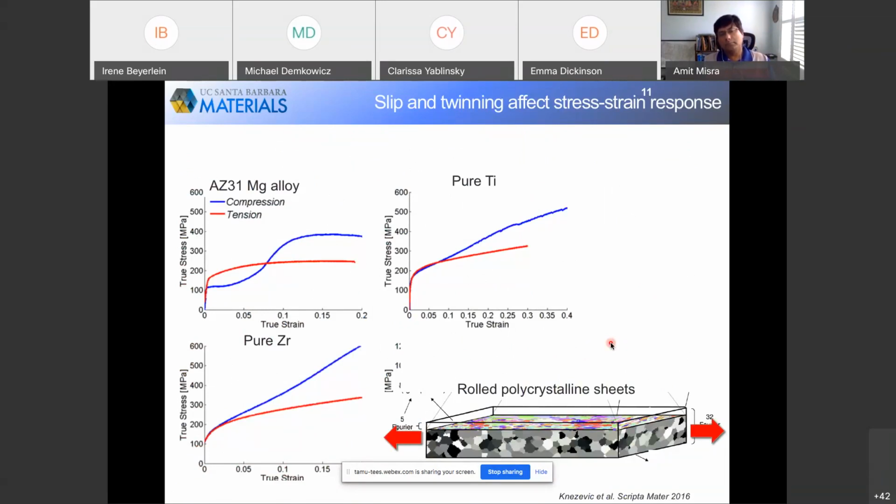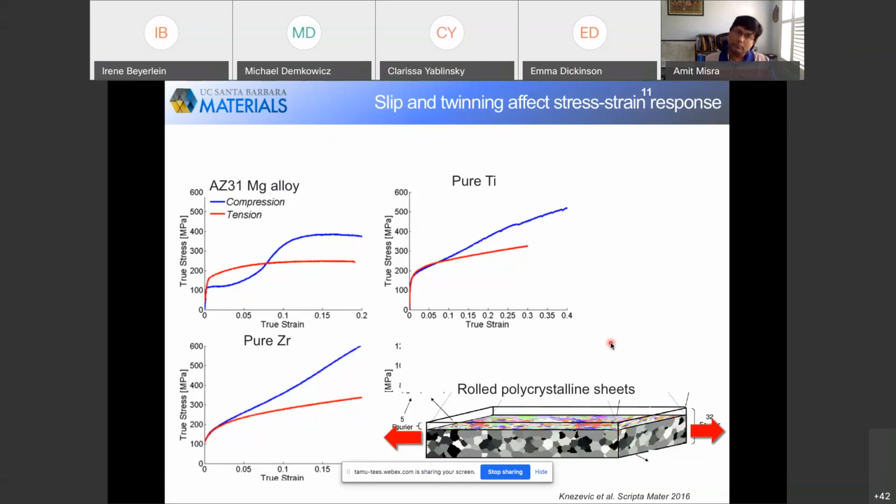But one distinct difference is that twinning only occurs in one direction. It's a unidirectional mechanism. In slip, the activation stress is more or less the same in one direction as in the other, so the forward and reverse directions are similar. But twinning only occurs in one direction.